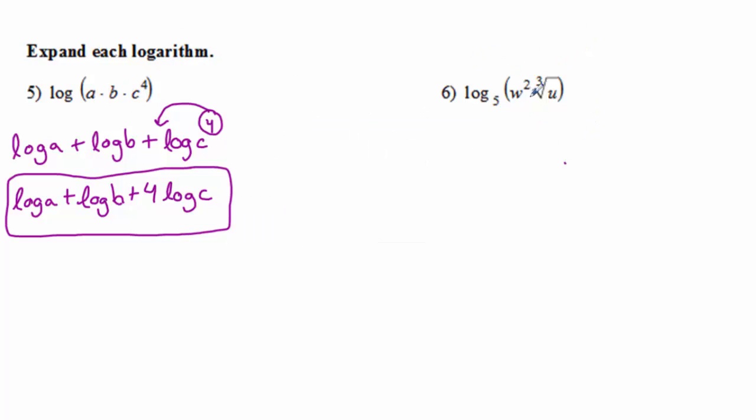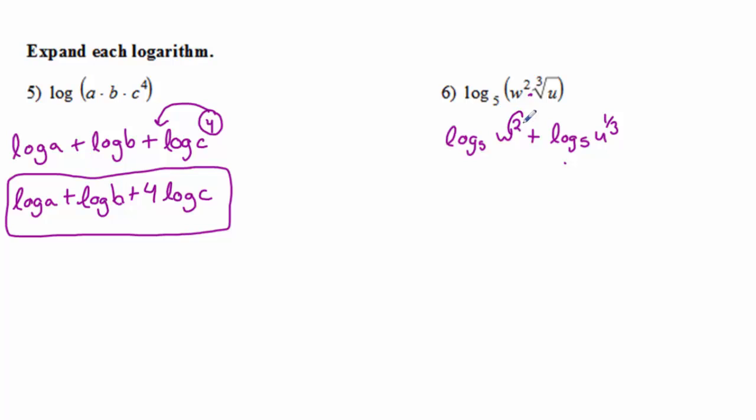Okay, so this one looks trickier. It's the same thing at first. We're multiplying in between them. So I'm going to have log base 5 of w squared plus log base 5. But when I go to write cube root of u, I can write that as u to some power. And so I need to think cubed root is going to give me a fraction. It's the 1/3 power.